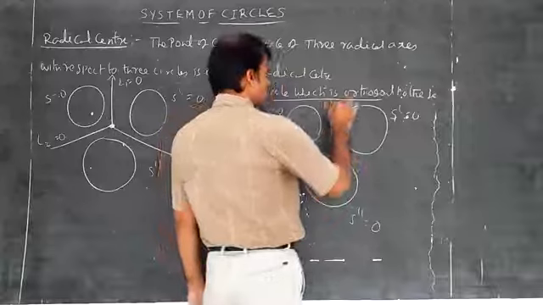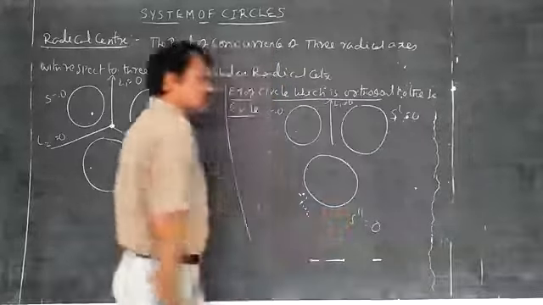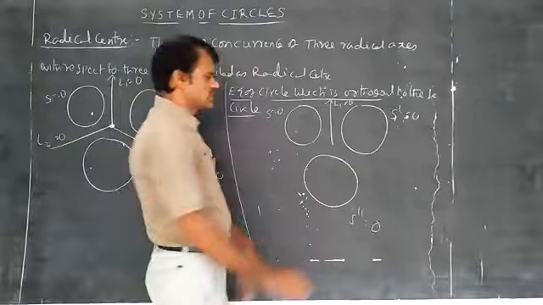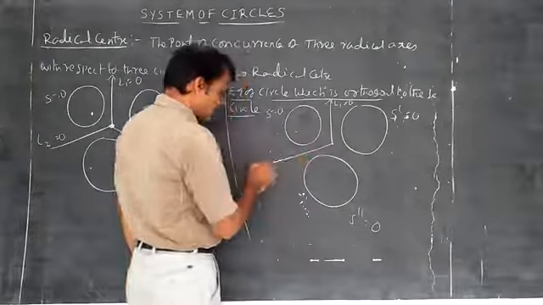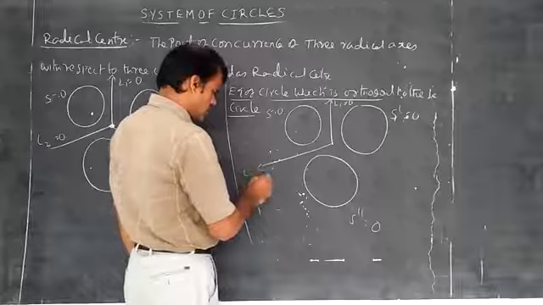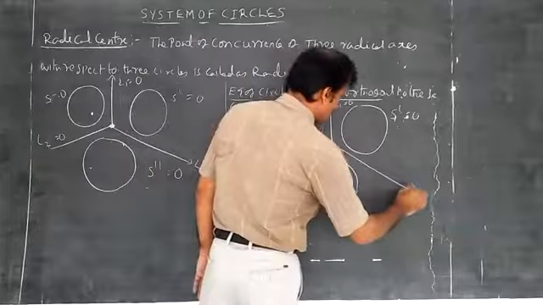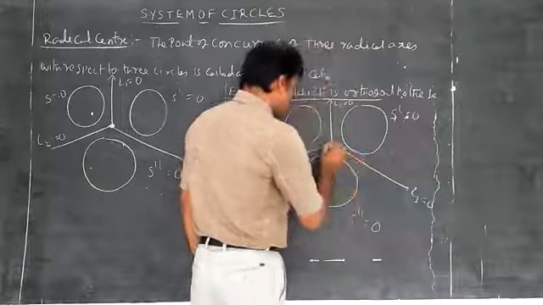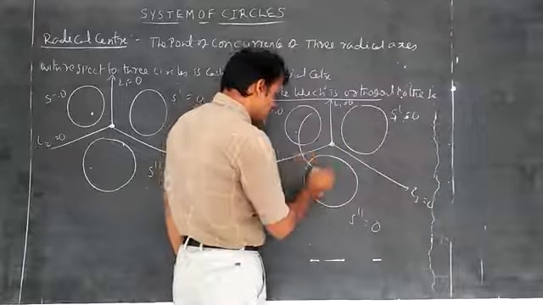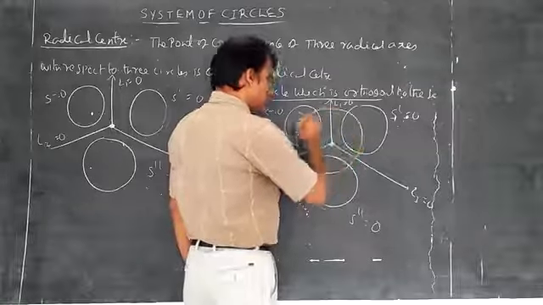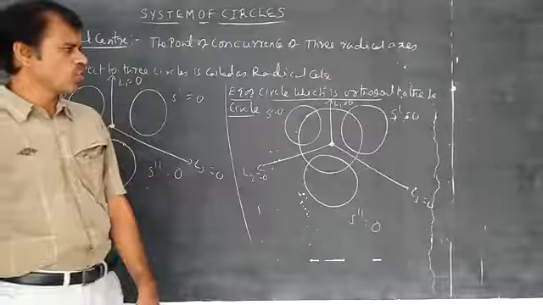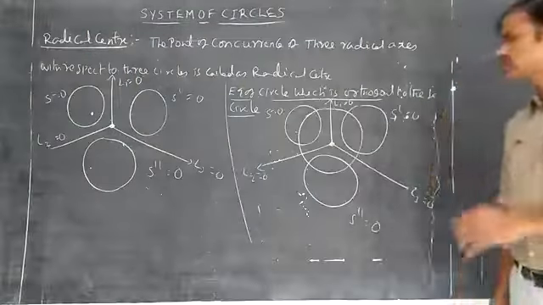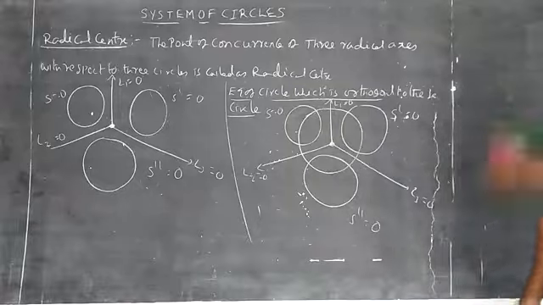To calculate L1 equal to 0, the radical axis, use S equal to 0 and S dash equal to 0, I mean S minus S dash equal to 0. And in the same way you can calculate L2 equal to 0 and L3 equal to 0. So this is the radical center. Draw like this. This is the circle which is orthogonal to the three circles. You can understand the concept of length of tangent from the radical axis.